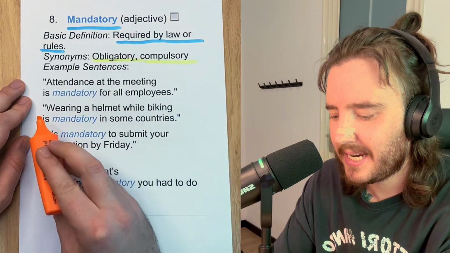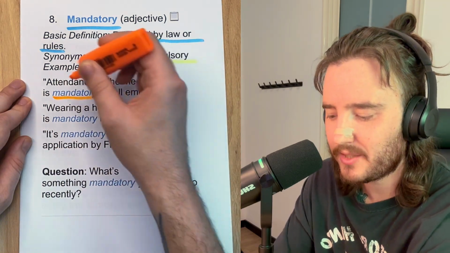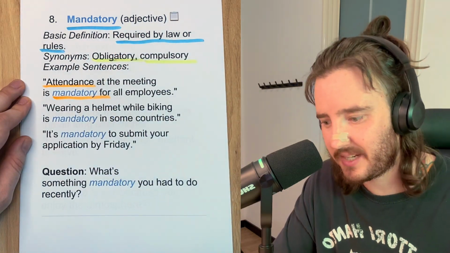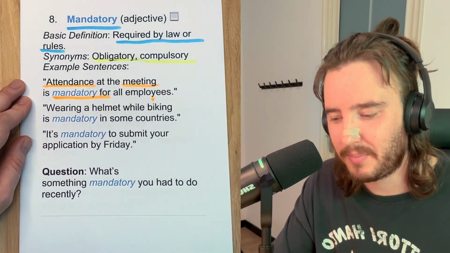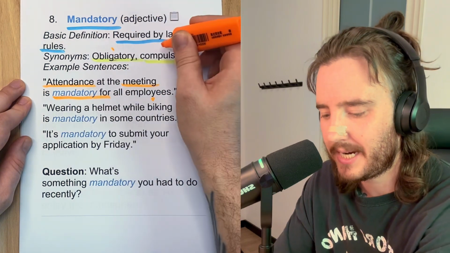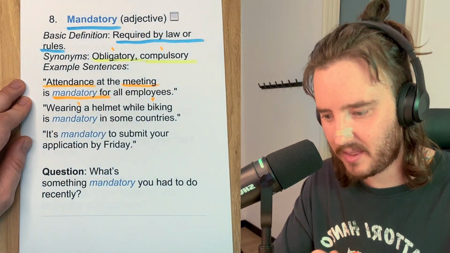Attendance at the meeting is mandatory for all employees. So what is mandatory? Attendance is mandatory. Attendance at what? At the meeting. So sorry, employees, but you have to go to this meeting. It's obligatory, it's compulsory, it's mandatory, it's necessary that you go.